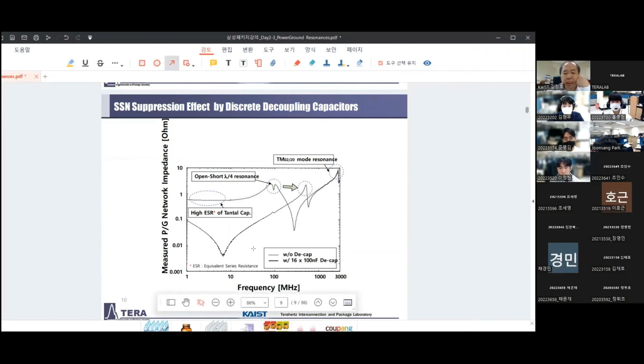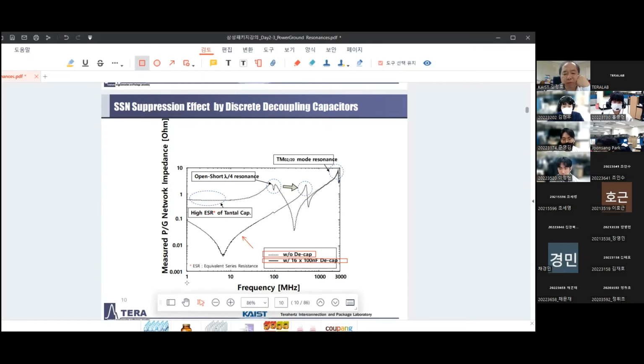Please take a look at the measured impedance curve on this solid black line. This dotted line is the impedance curve without decoupling capacitors, and the solid line is the impedance measurement with 1600 nanofarad decoupling capacitors.